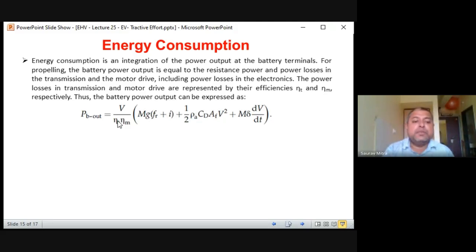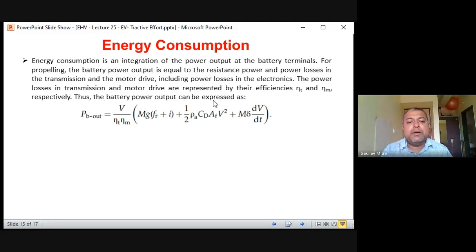And PB out is equal to V divided by eta T eta M, where all these are efficiencies. For propelling, the battery power output is equal to the resistance power and power losses in the transmission and the motor drive, so that is this part. These include losses in the electronics, which is not shown here. The power losses in transmission and motor drive are represented by their efficiencies eta T and eta M respectively.